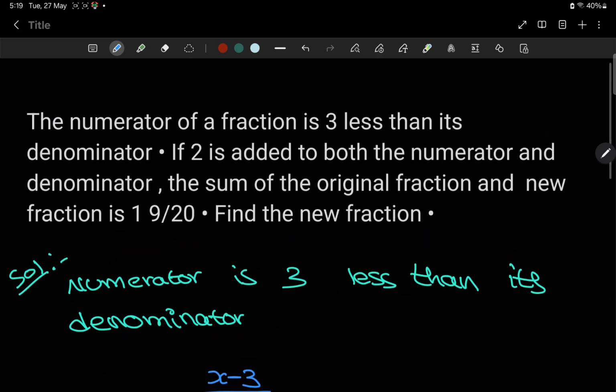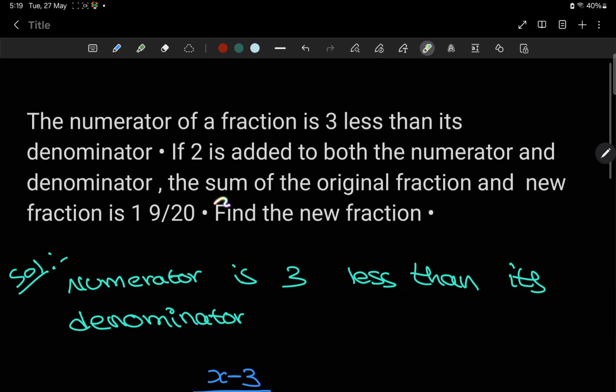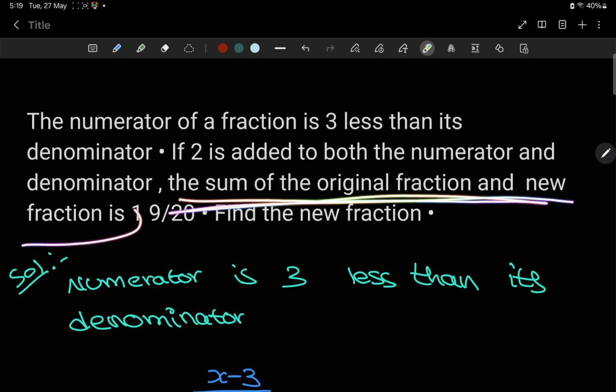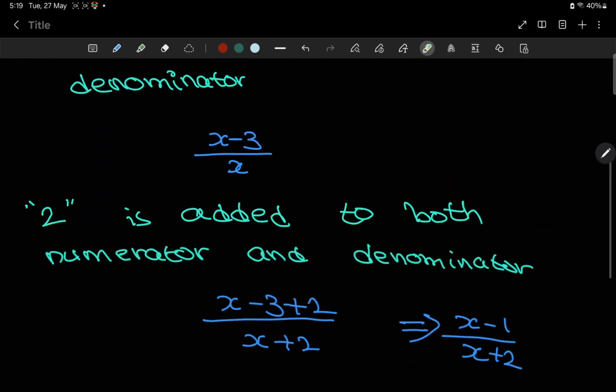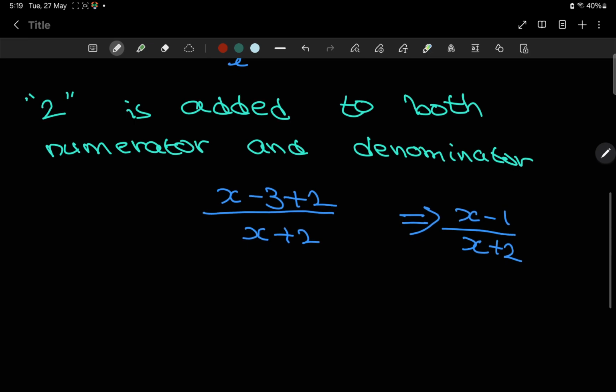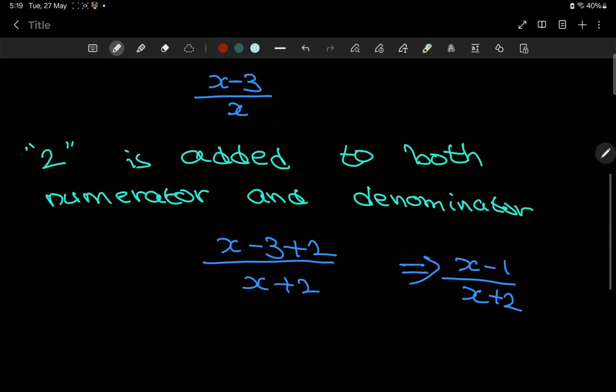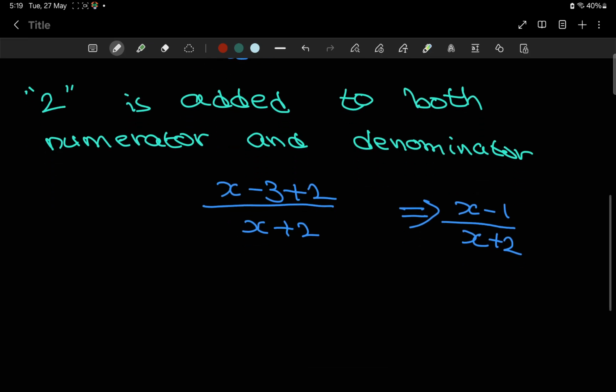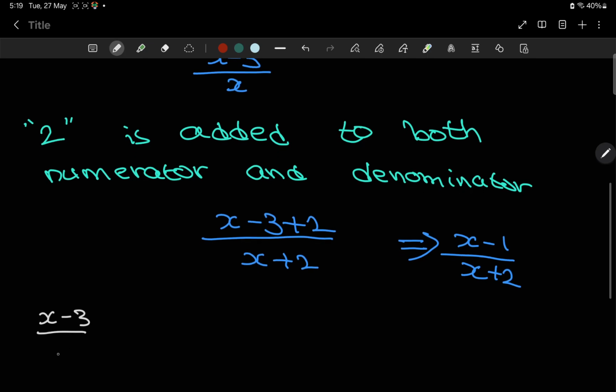And it also says that the sum of the original fraction and the new fraction is 19/20. Now let's write it. The original fraction is x minus 3 by x, and it's a sum, right?